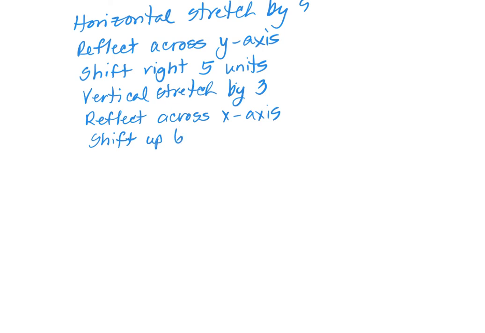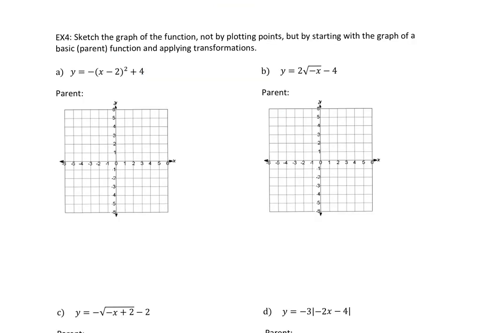So just as a reminder, your textbook is not as complicated as this. They do more simpler transformations and they do not focus on horizontal stretch shrink. But I want to make sure that we're all on the same page here before we move into our Math 140. The last thing we're going to do in this section is graph.